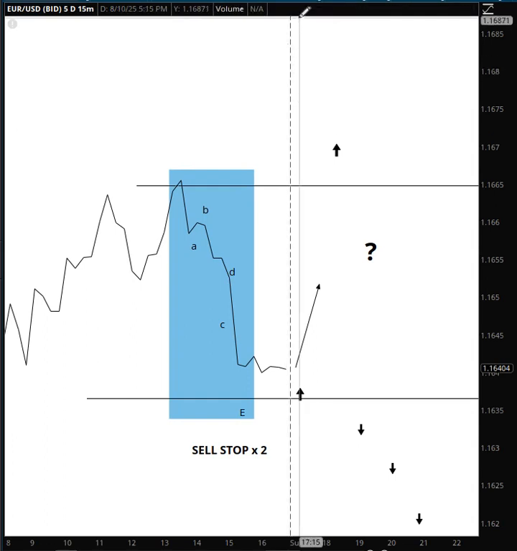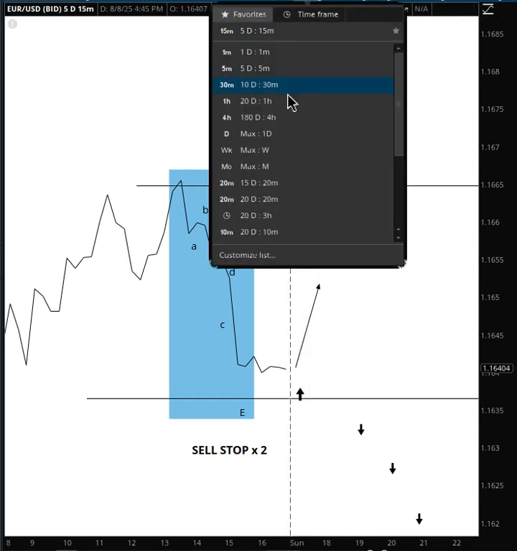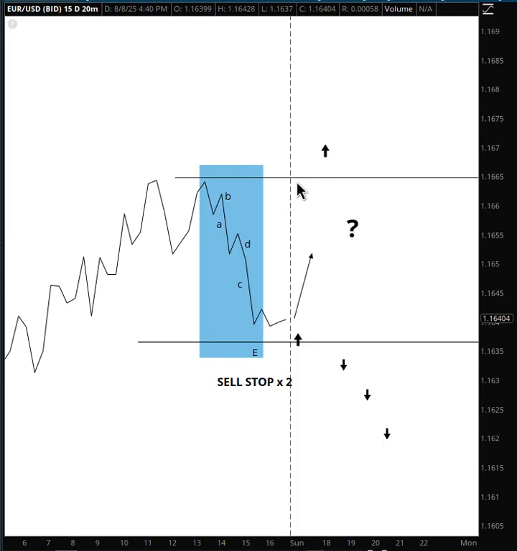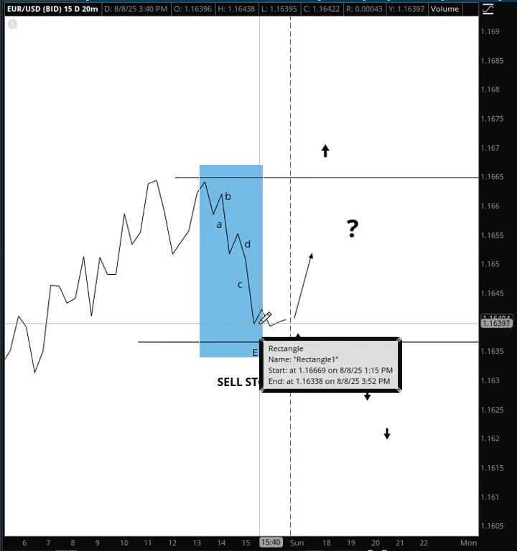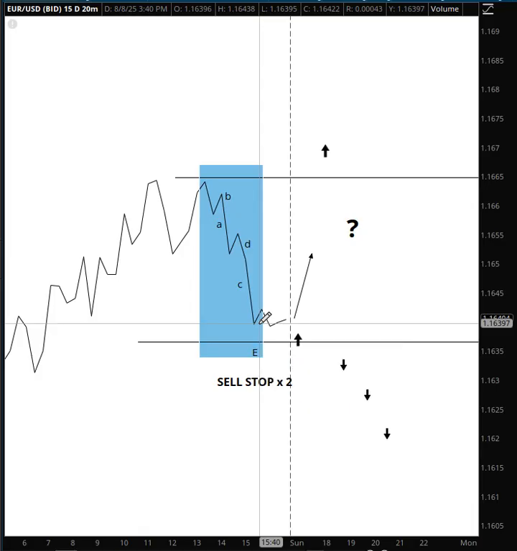That's not really clear. That's why you have to keep going to the different time frames. This one looks pretty good here. 1, 2, 3, 4, 5. The 20-minute time frame confirms the 13-minute time frame. So you have to cross-reference the time frames on that particular market.